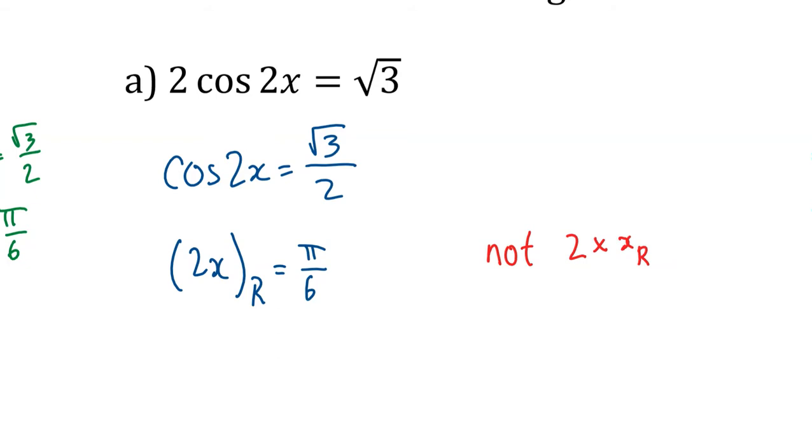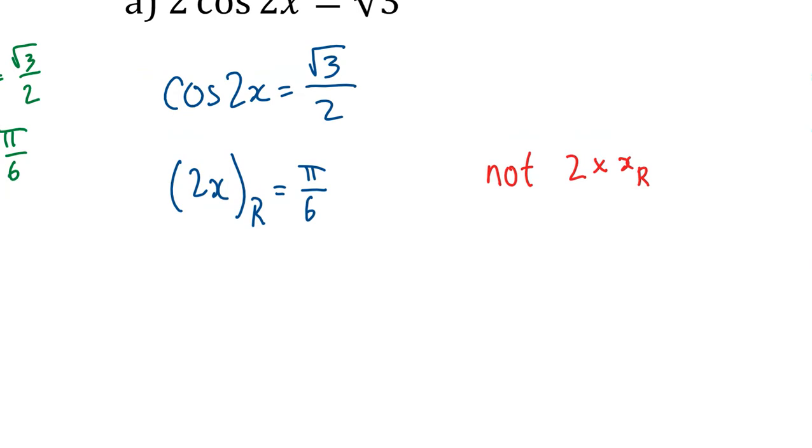What's the difference? The difference is after I've got this part, I do the quadrant stuff. So I get 2x equals pi by 6 for quadrant 1, and 2x equals, what's the other one? 2 pi minus pi by 6, which is what? 11 pi by 6. Good.